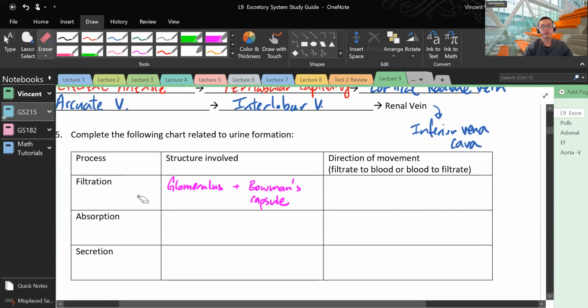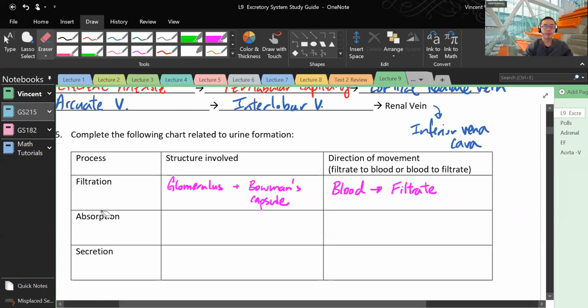And in the filtration process, the movement of materials is from the blood in the glomerulus into the filtrate. So whatever is filtered out of the blood enters the Bowman's capsule, and as soon as it's in the Bowman's capsule, in the nephron, we call it filtrate. Filtrate is the stuff that will become the urine later on.